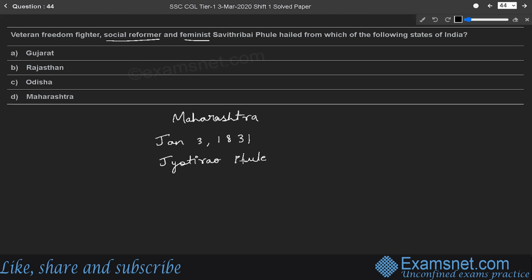She was a social reformer and feminist, as mentioned in the question, and she worked a lot for women empowerment. After the completion of her education, she opened a girls' school at Bhide Wada, Pune. She also started teaching there, and she is known as the first female teacher of India.